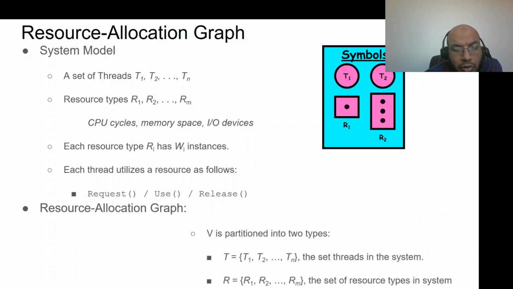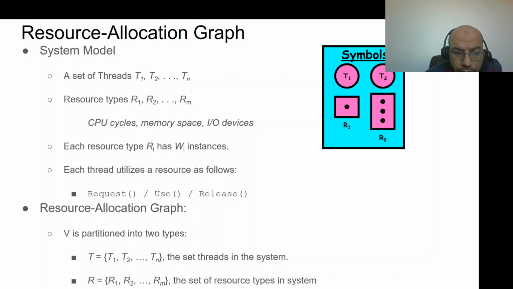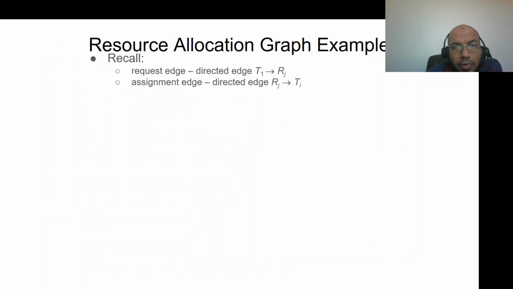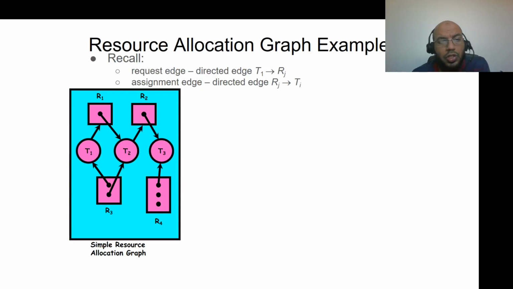So you build a resource allocation graph where your vertices V are partitioned into 2 types: either threads, the set of threads in the system, or resources, the set of resources in the system. This is an example of a resource allocation graph. You have T1, T2, and T3.